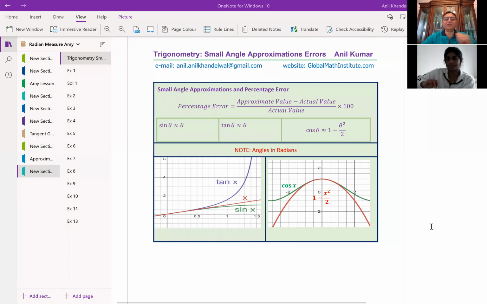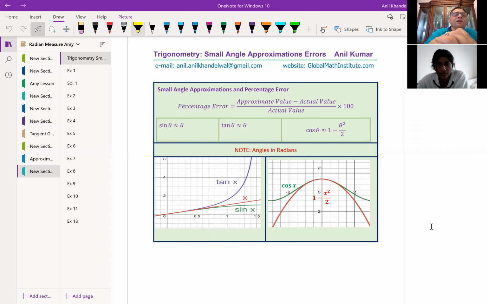Yes, I can. Can you read the title? Small angle approximations and percentage error. Yes. So that's what we are going to do, and that's exactly what you need, right? Now, I hope you remember this particular graph on the left side. y equals x is a line in the center in red, correct? Yes.